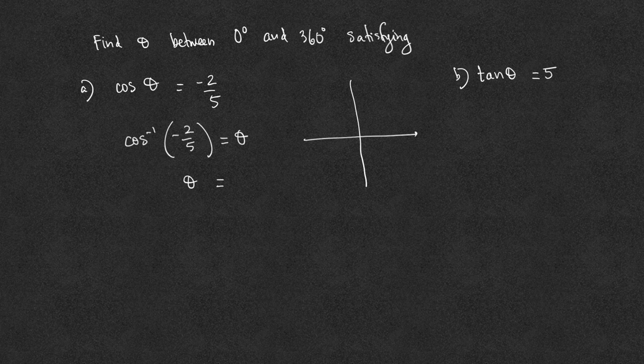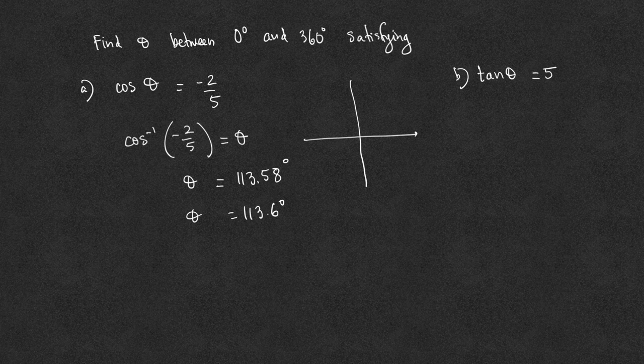Theta is 113.58 degrees. If we round it to one decimal place, then this would simply be theta equals 113.6 degrees.